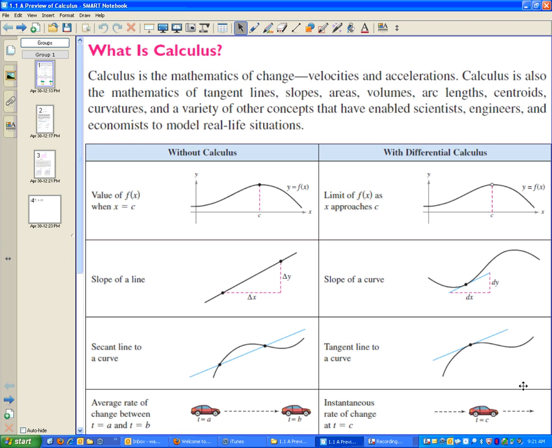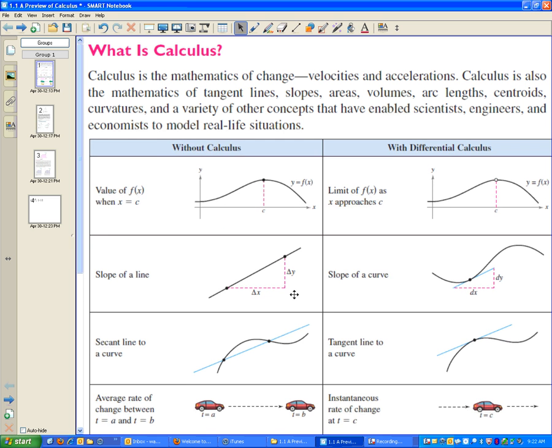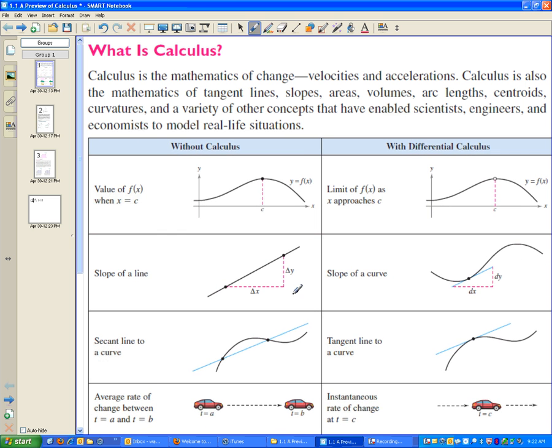When you find the slope of a line, you're finding the rate of change that that line represents. Like if it's like this right here, okay, if that's the graph of rate and time or whatever, you're familiar with that. But see, we're not going to find slopes of lines.